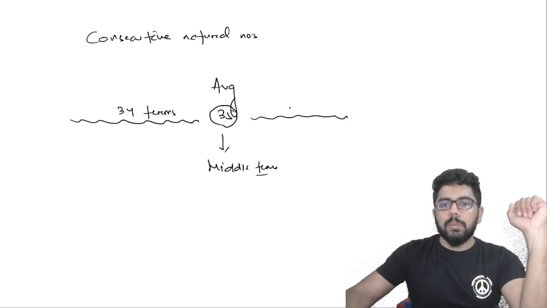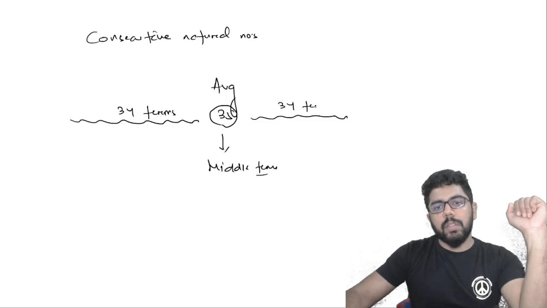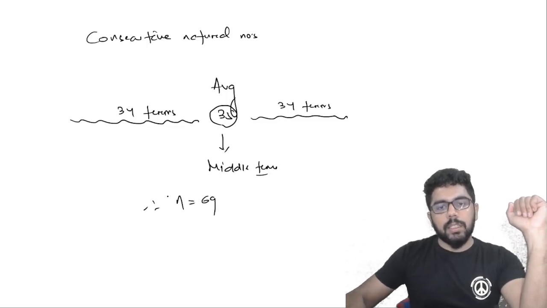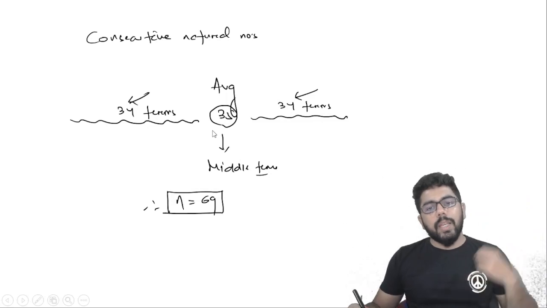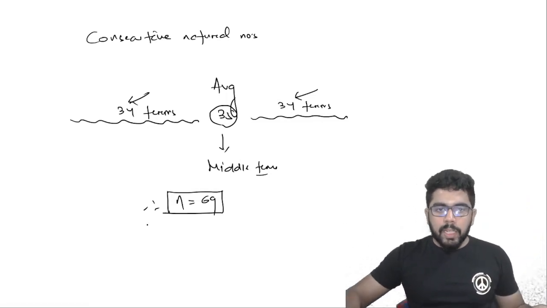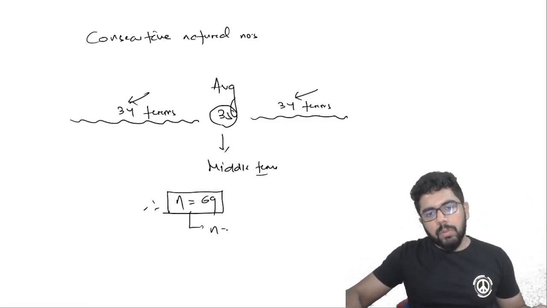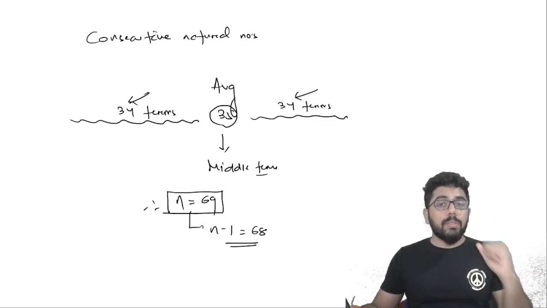So there must be 34 terms after 35 as well. And from this I can directly get n as 69. So 34 here and 34 after, and this is the middle term. N must be 69, which means n minus 1 must be 68. So after erasing you should have 68 terms.